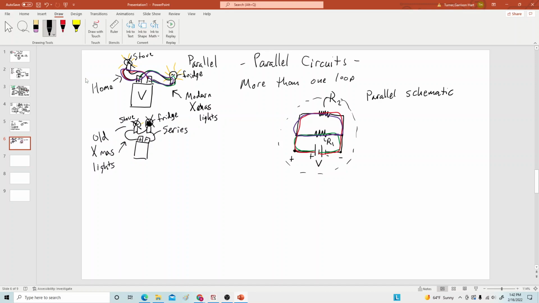And so we label this R2. Now, remember that in the parallel case, both resistors experience the voltage of the battery.